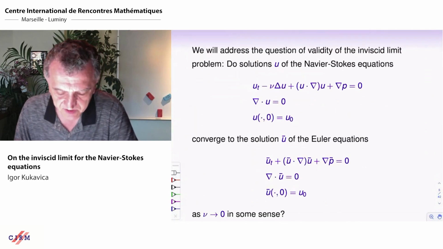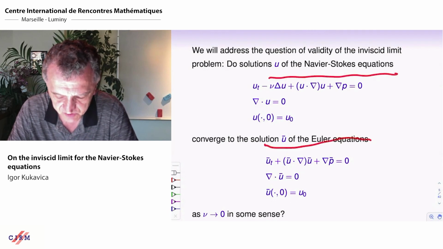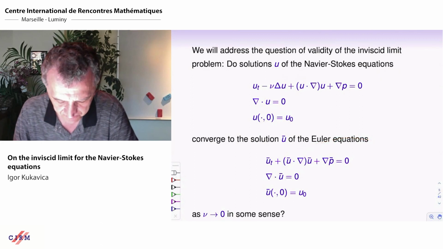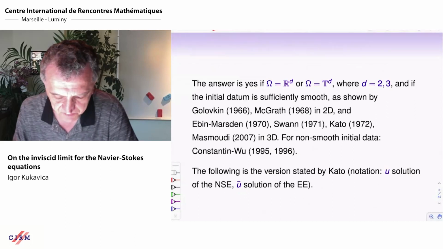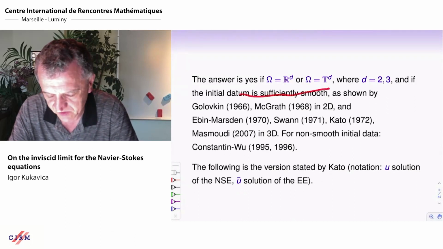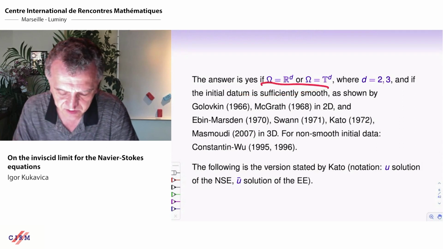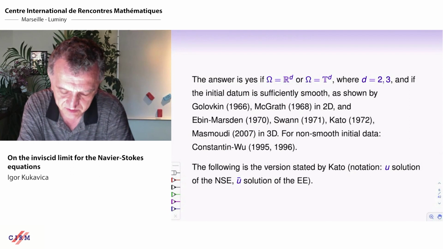And the basic question of the vanishing viscosity, I'll make it more precise shortly, is: do solutions of the Navier-Stokes equations converge to the solutions of the Euler equations in some sense? It's well known that the answer is yes in the case of R^d and T^d, so in the torus and R^d.